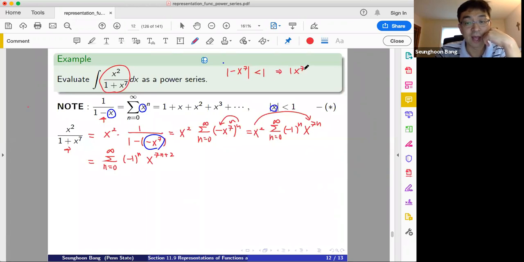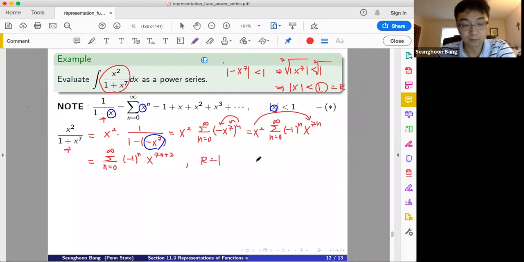Absolute value of x to the 7 is less than 1. You can take the 7th root of both sides, so we have absolute value of x is less than 1. So 1 is the radius of convergence. So we have the radius of convergence is 1. It doesn't change.